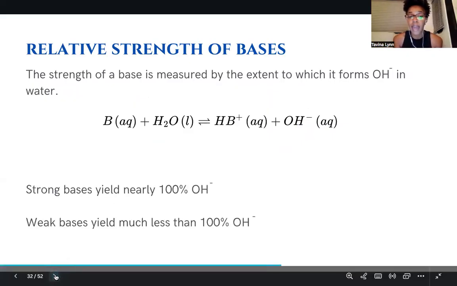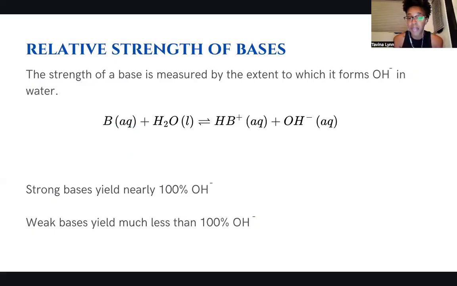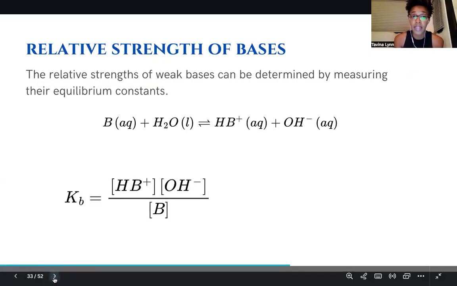Just like with acids, strong bases yield nearly 100% hydroxide ions, because it's thought that the base, when put into water, will completely dissociate. That is, however, not the case for weak bases. To get an idea of the dissociation for weak bases, we'd look at their equilibrium constant, which is represented as Kb.